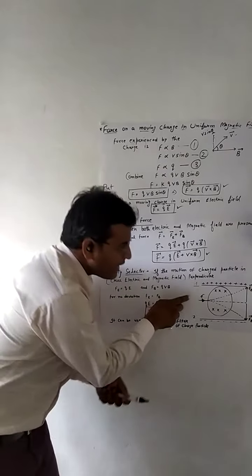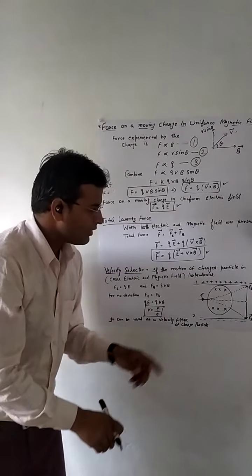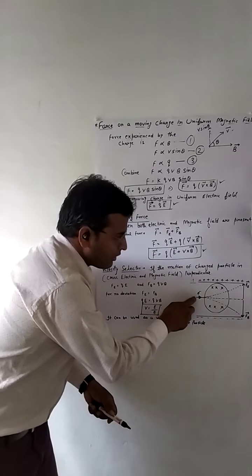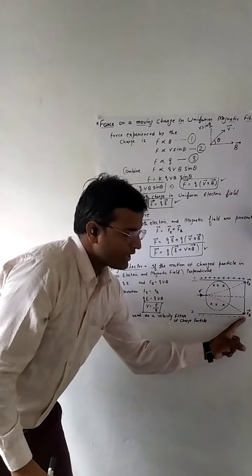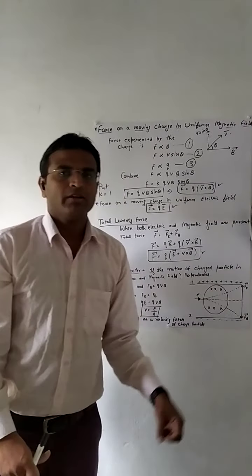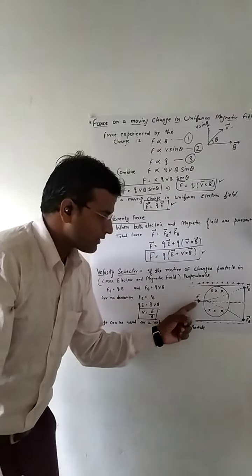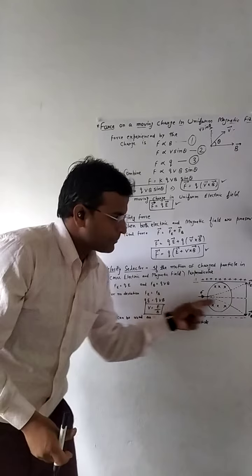What happens when an electron enters this region? What happens? There are three paths. Either it moves in the downward direction, or it moves in the upward direction, or it moves undeviated in a straight line.